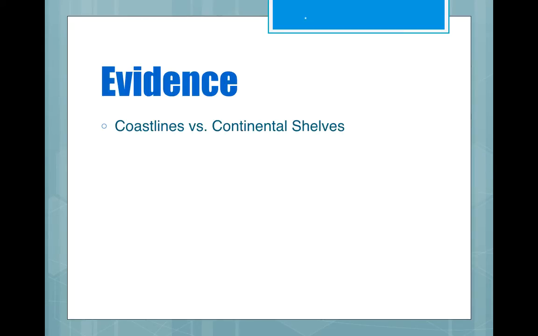So the coastlines do not match up perfectly, but he thought if I push these all back together, I can kind of see how the eastern coast of South America would match up roughly with the western coast of Africa, and I can see how North America's eastern coast could kind of get pushed in together into that Europe and Africa western coast as well. Later on, once we get sonar, we'll talk about continental shelves and what we found there. But know that Wegener used coastlines.